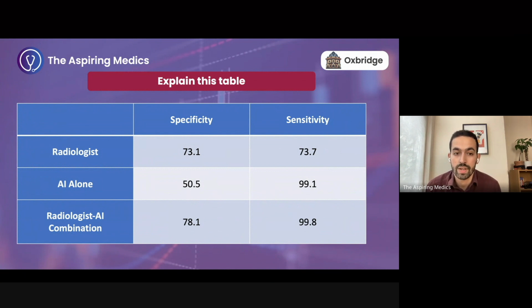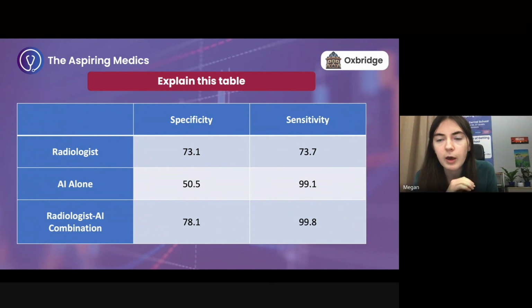Any questions so far? No question. Great. So what does this table show you? We've got the two columns, specificity and sensitivity, comparing the three options: radiologist, AI, and the combination.